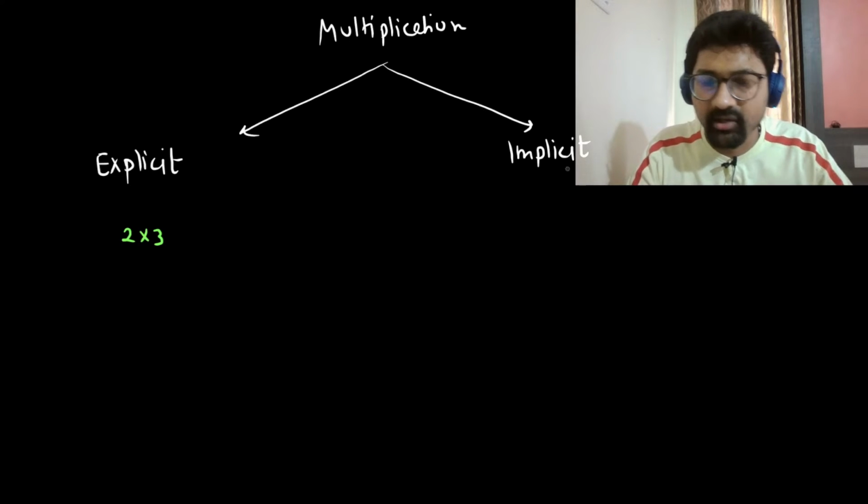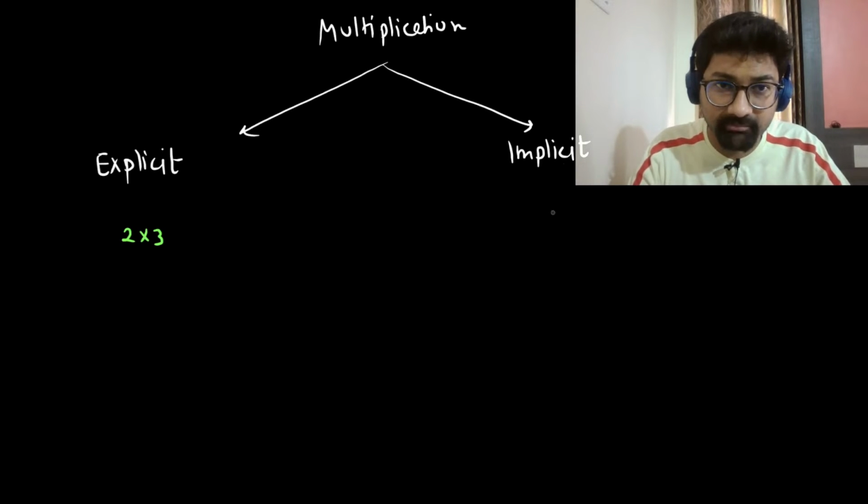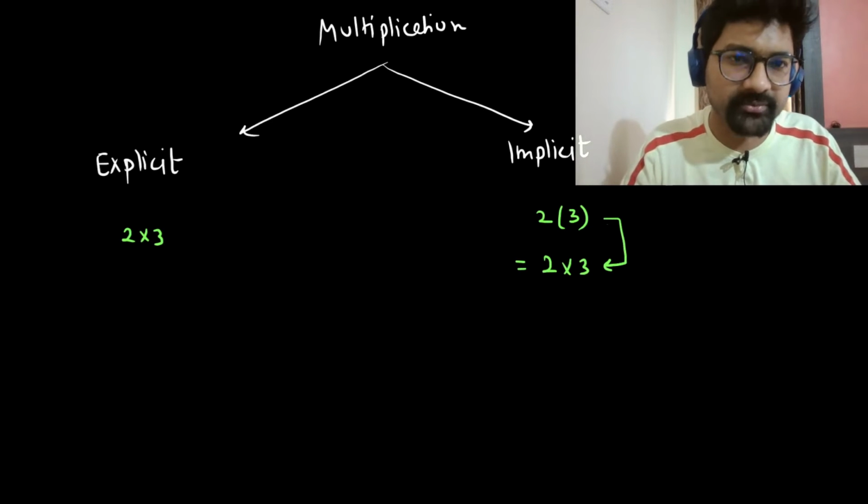On the contrary, implicit means I'm writing 2 and 3 like this, or perhaps 2 and in parentheses 3. The parentheses mean it is an implicit multiplication, which also means that it is 2 times 3.